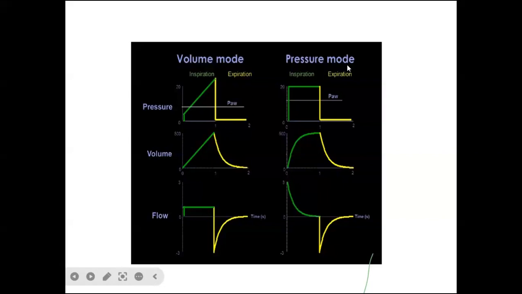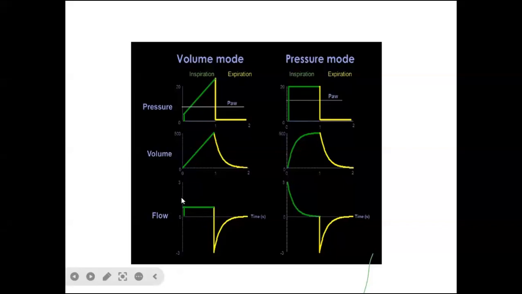So this is the volume control mode, this is the pressure control mode. You need to see first whether flow is constant or pressure is constant. Which is constant, that you are controlling? In volume control, which is constant? Flow. So what you are controlling? Flow.